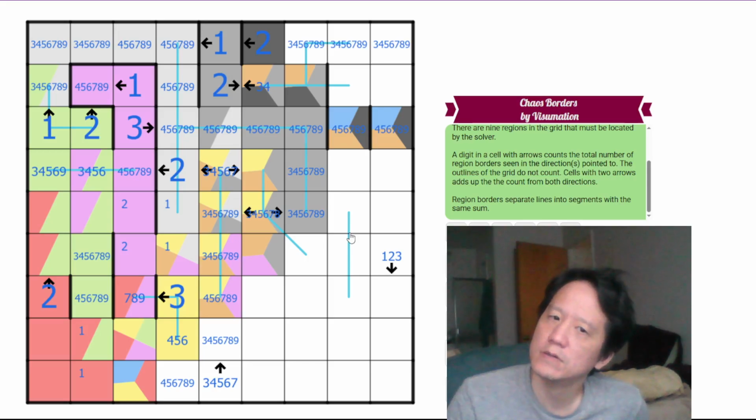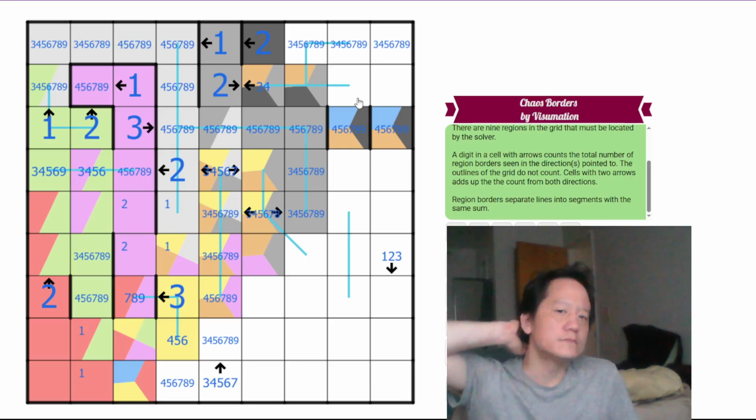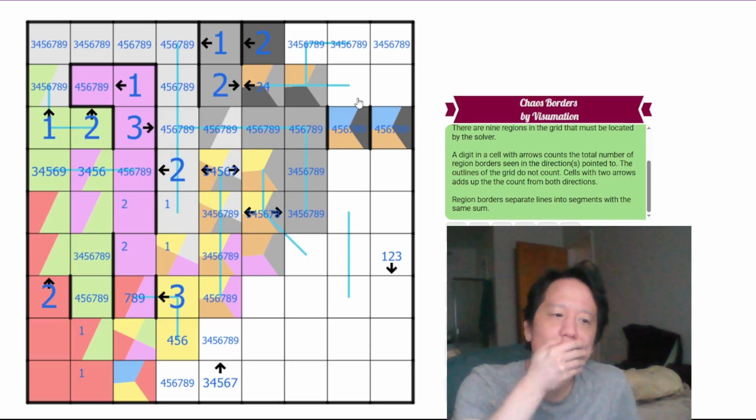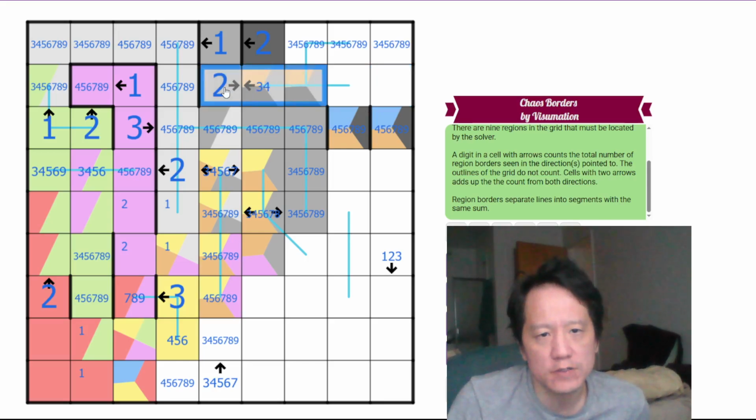Maybe? Huh. We have the gray in the next area here. Is the point.